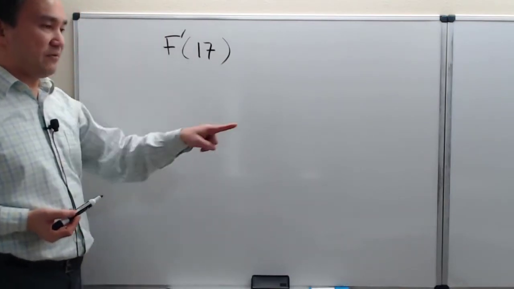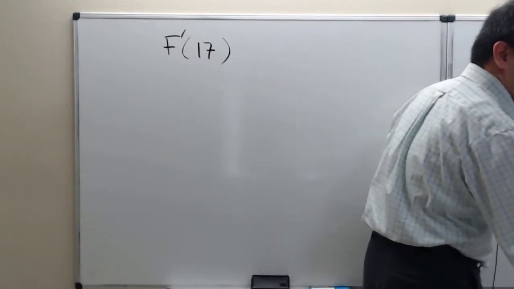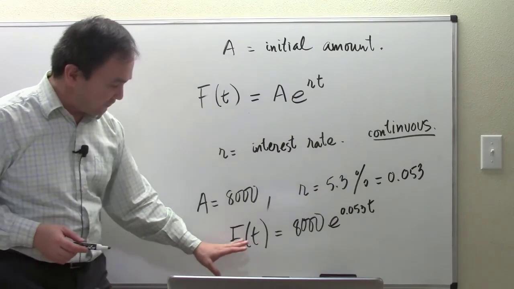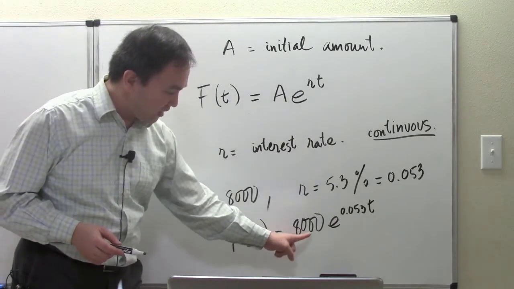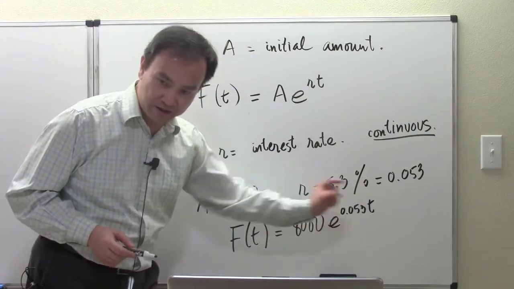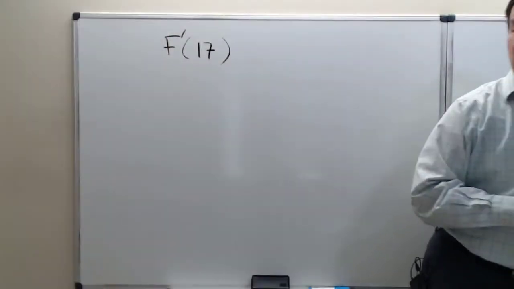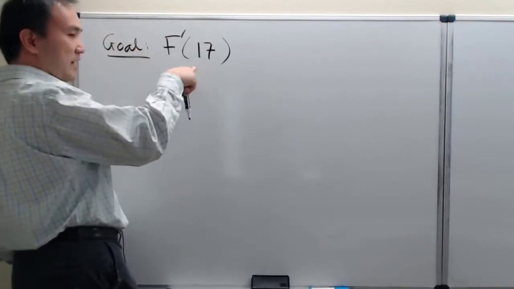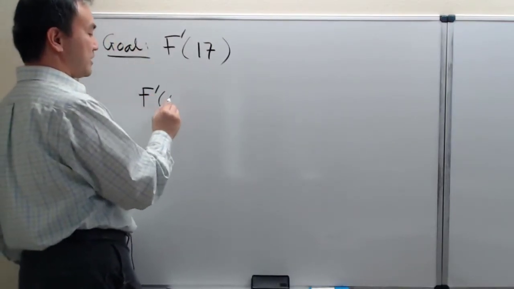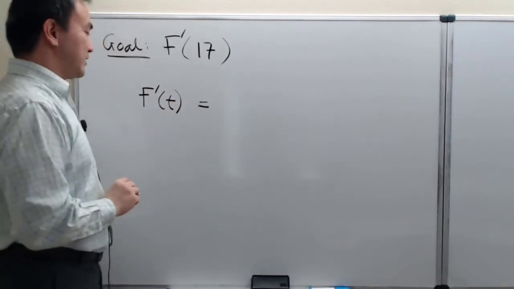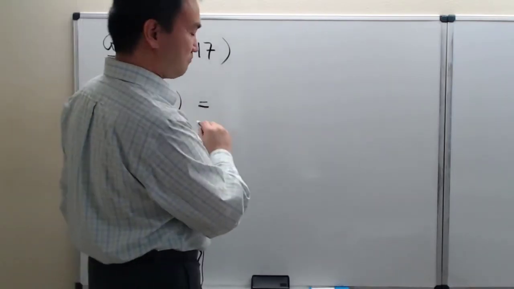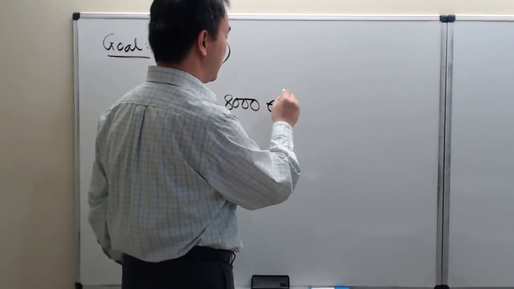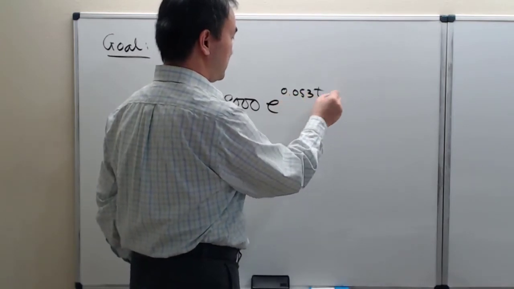One more time, let's have a look at our modeling function before I move on to the other board. Our future value function is 8,000 e to the 0.053 t. So now we are going to find the general derivative. This is our goal, but to get there, we need to find the general f prime of t. The general f prime of t is going to be 8,000 as the constant coefficient stays there, times e to the 0.053 t.